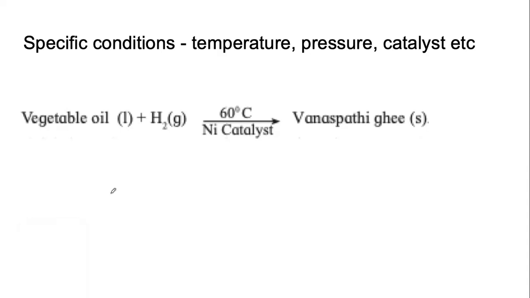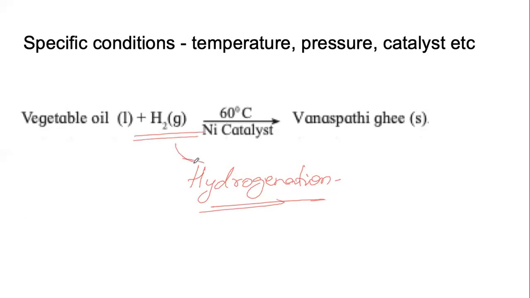Guess, why is it called hydrogenation? We are adding hydrogen, no? So this process is called hydrogenation. So to convey that special temperature, or that something special is required, that information can be written above or below the arrow. So the equation becomes even more meaningful.